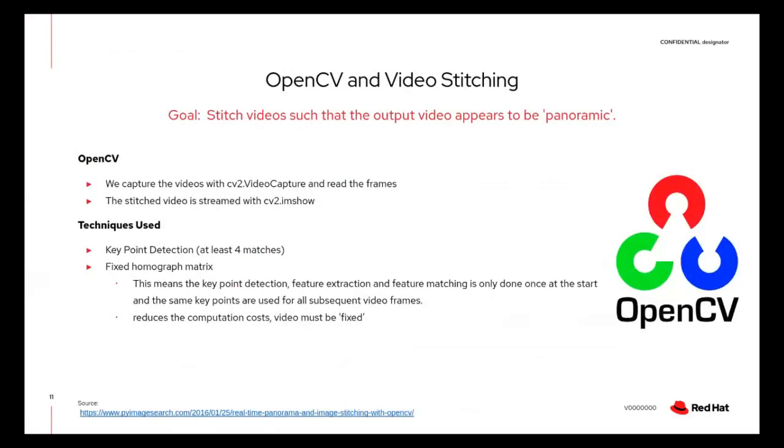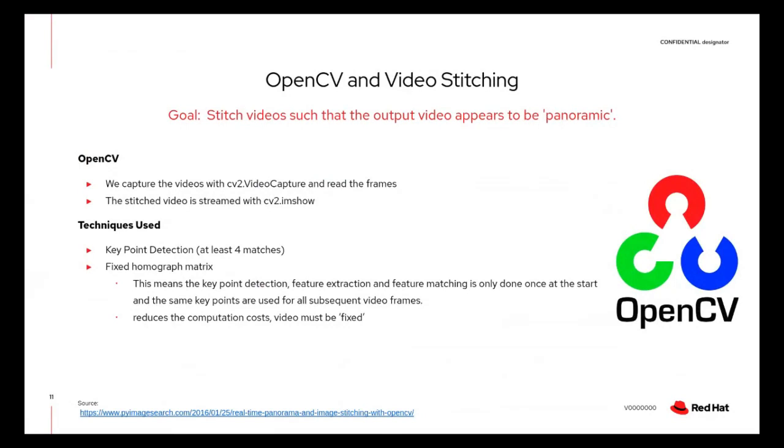So we use OpenCV to stitch our videos together. Basically we capture the videos with video capture, and then we read the frames. The technique we use with OpenCV is key point detection, which maps the points in one image to the corresponding points in the other image. For us, we need at least 4 matches.